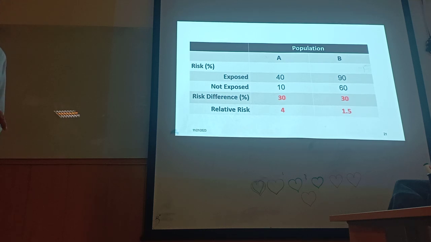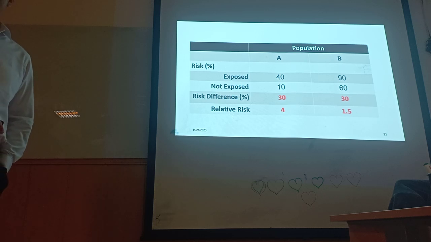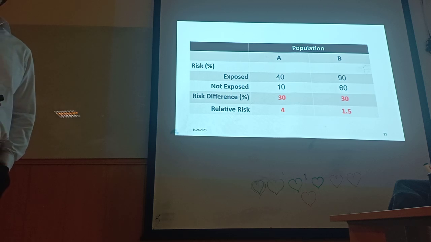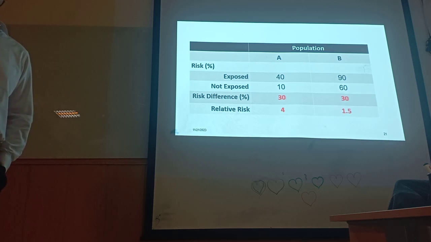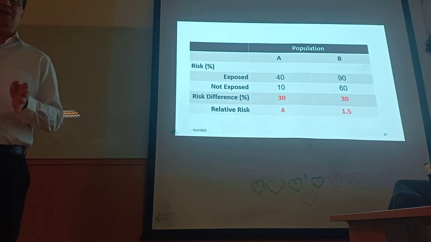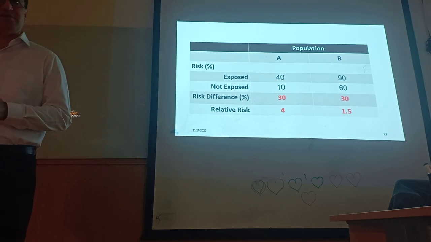Relative risk, because in risk difference both are the same, so we are unable to discriminate which one has more relative risk. But the answer is again, it depends. Each method has its own application and its own interpretation.